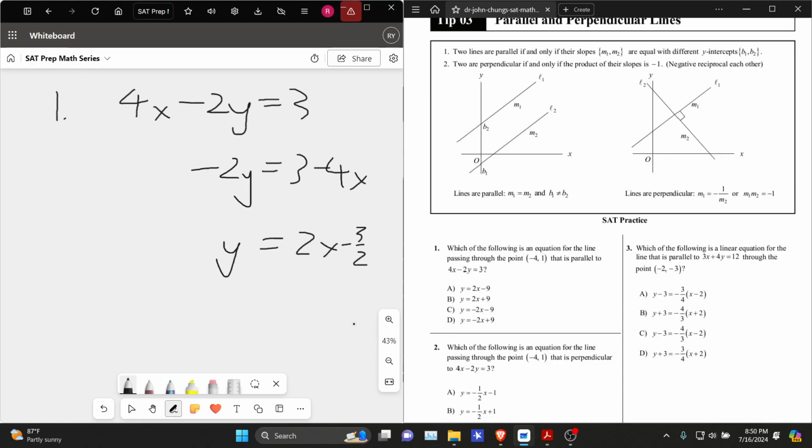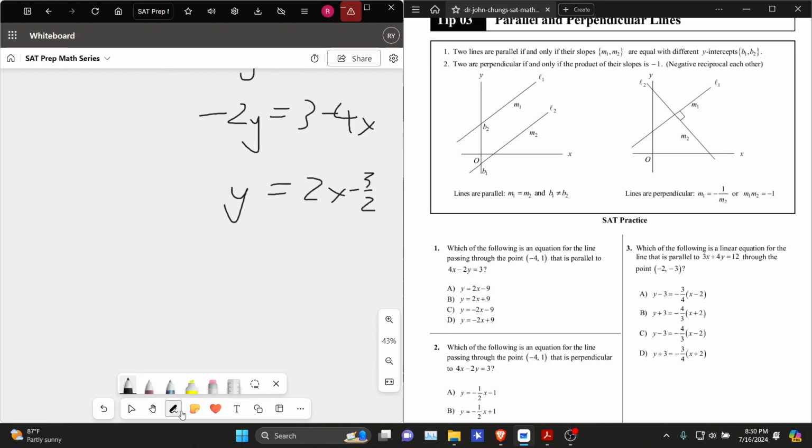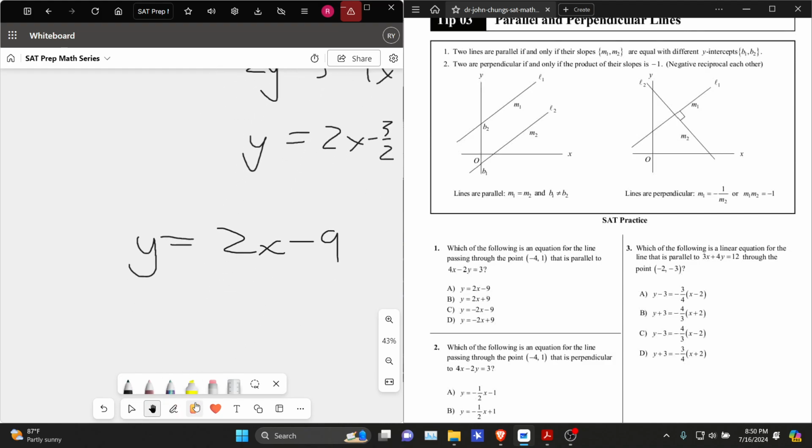Now to differentiate between A and B, we plug the point (-4, 1) into either one of those. If we plug -4 in for the x value of the equation of A, y equals 2x minus 9, we should get 1 if this is the right answer.